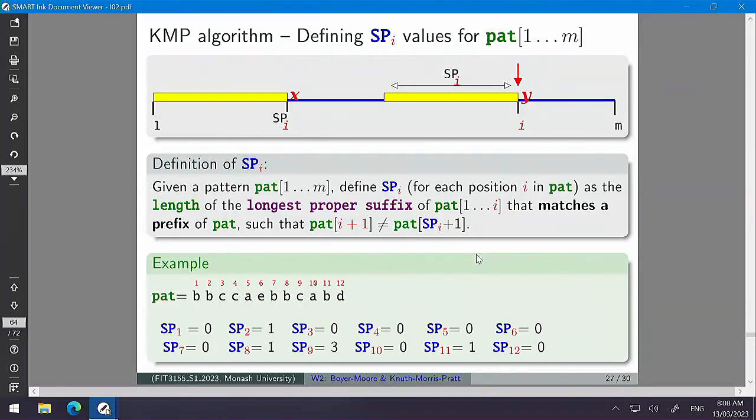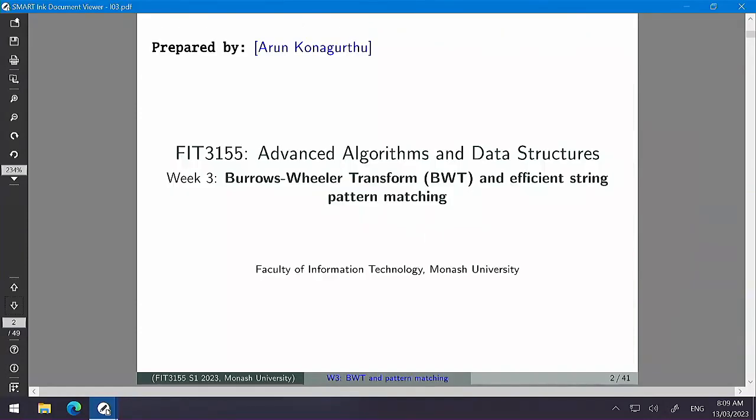SP of 9 is the length of the longest proper suffix that matches the prefix at position 9 of that example, which is 3. Why is that 3? Why is it 1 at position 8? That is something we reasoned in the last lecture. Okay, with that statement, we wind up last week's topic.